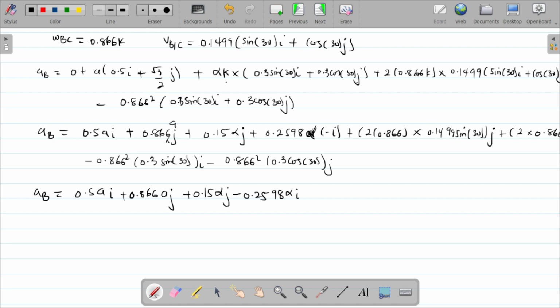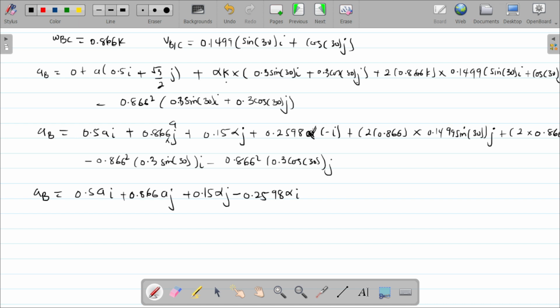All right, then the next we simplify that. So 2 times 0.866 times 0.1499 sine 30. That's 0.1298.